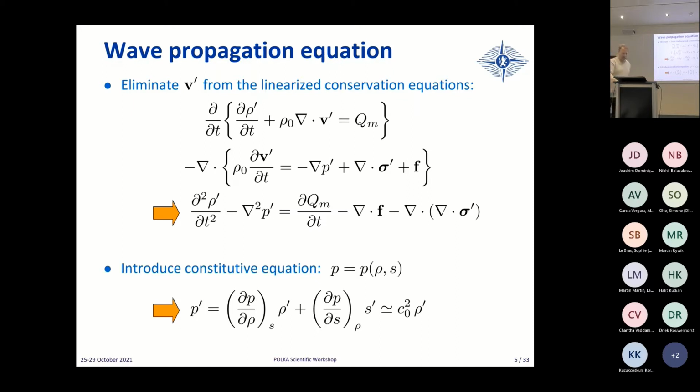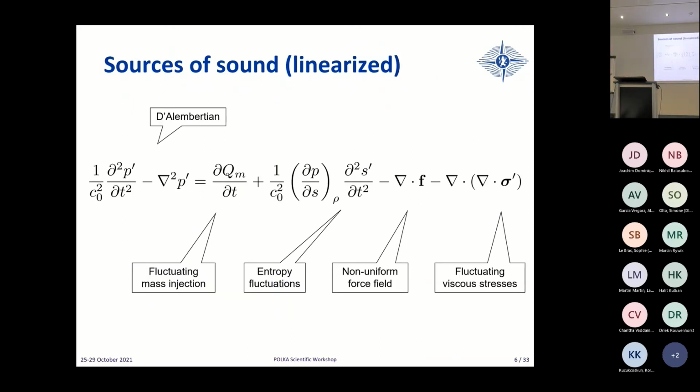Okay, so that's the substitution we make, and then we end up with something that is really a wave propagation operator, because we have selected one variable, and it is really an operator that applies to only one variable. And then everything automatically is projected on the right-hand side, and those are your equivalent sources of sound.